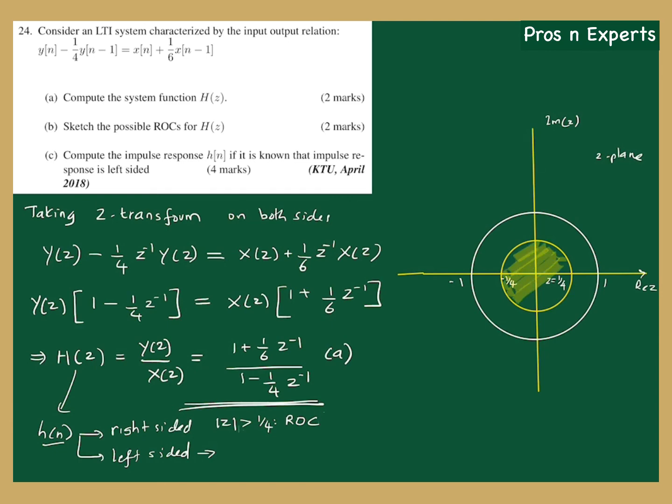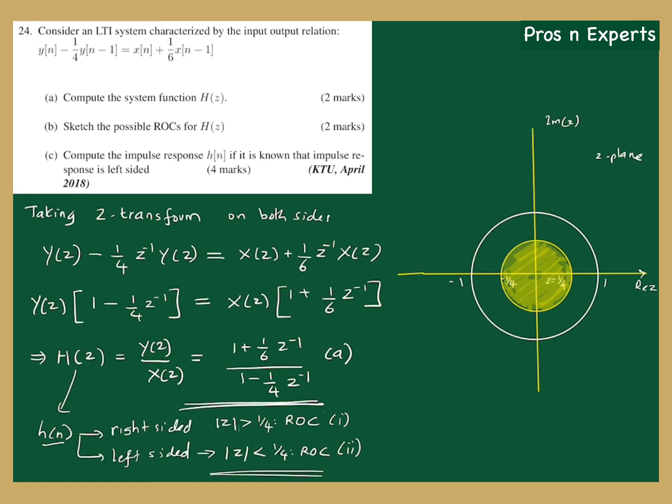This yellow colored circle is the circle corresponding to the pole. So this is the second possible ROC, and I can write the equation of the ROC as mod z less than 1 by 4. This is the first one, and this is the second possible ROC. So that completes the answer to question number B.